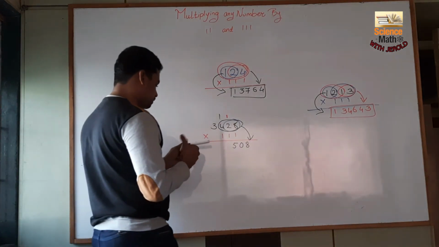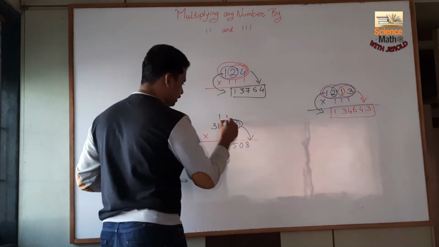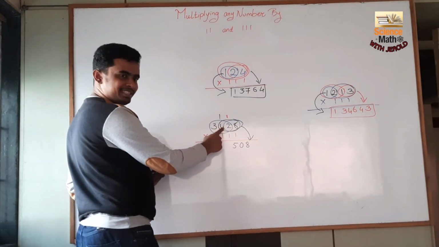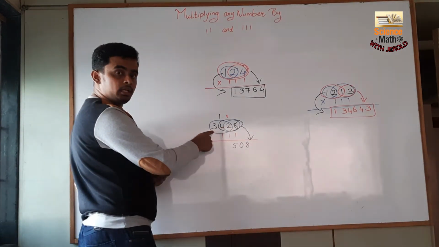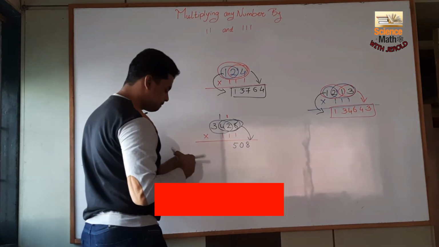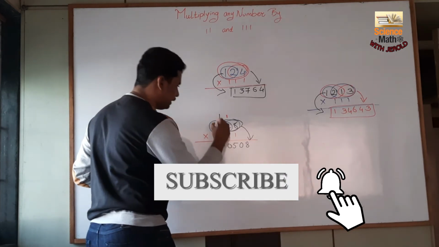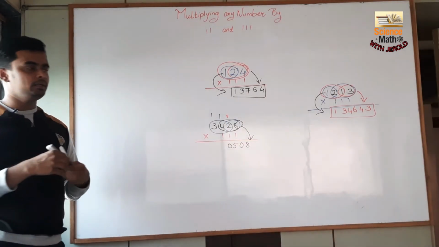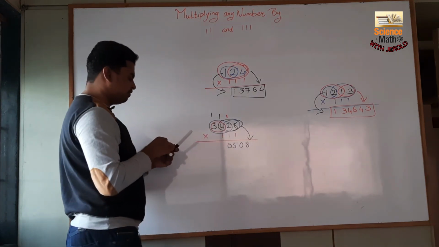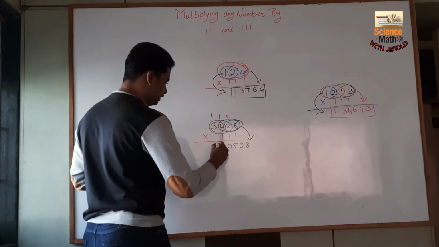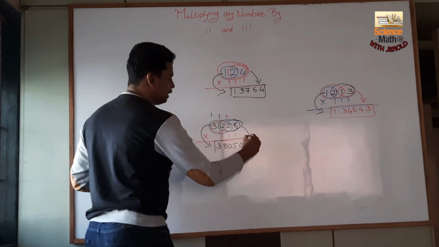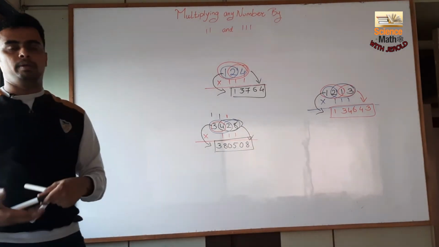Now the next three numbers: 2 plus 4 is 6, plus 3 is 9, and 1 will give me again a 10, and 1 will get carried. Now the next thing is 3 plus 4 will give me 7, and that carried one gives me 8, and finally this 3 will come as it is. This is how I multiply bigger numbers with 111.